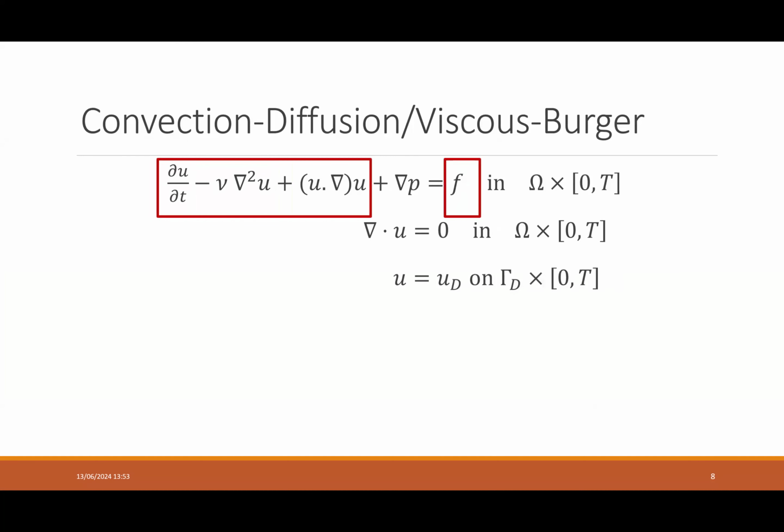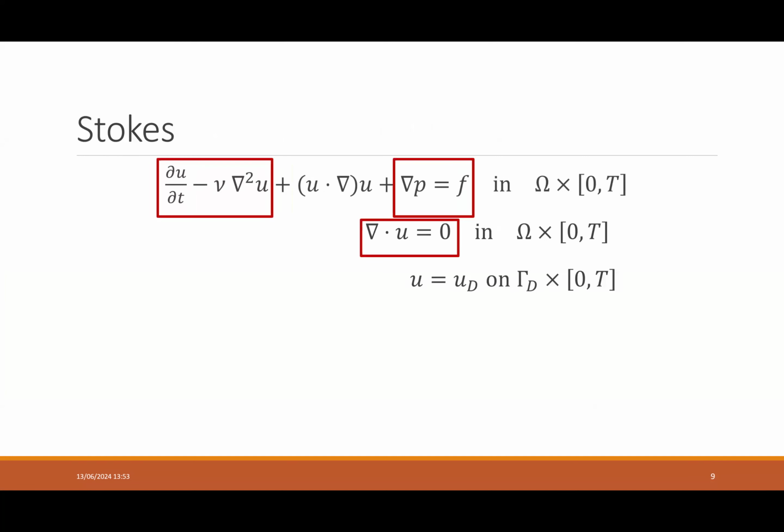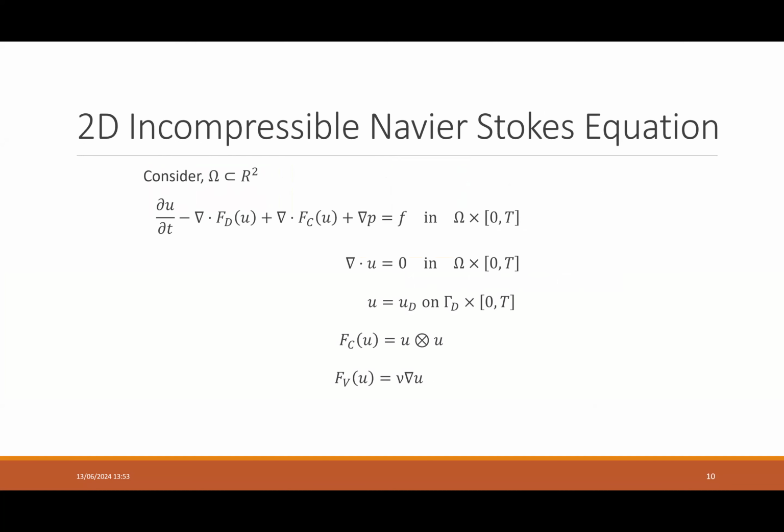Then I combined them into convection-diffusion, again DG, and then FEniCS for that. Then Stokes. Again, there are new terms which are treated now, the pressure gradient and the velocity divergence terms.